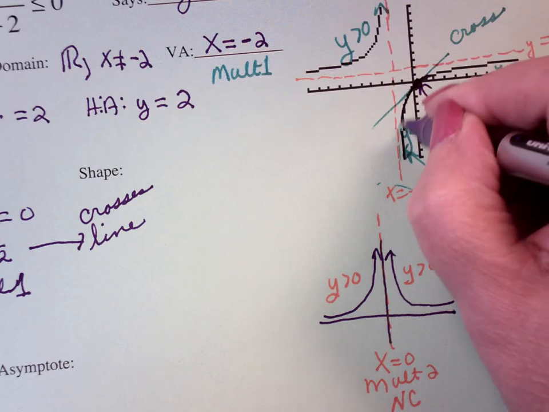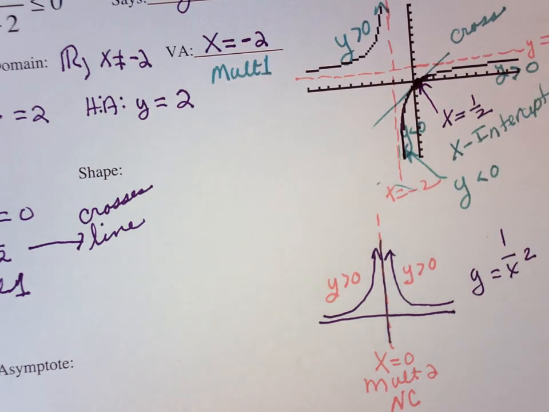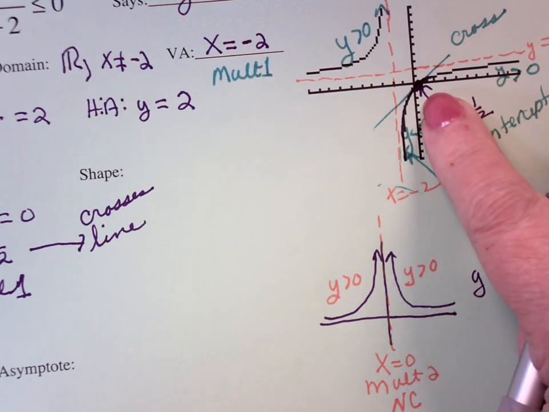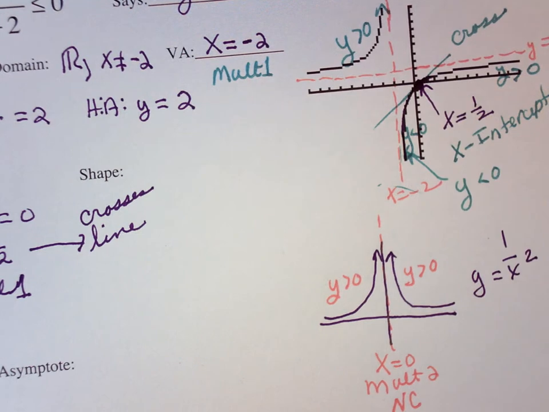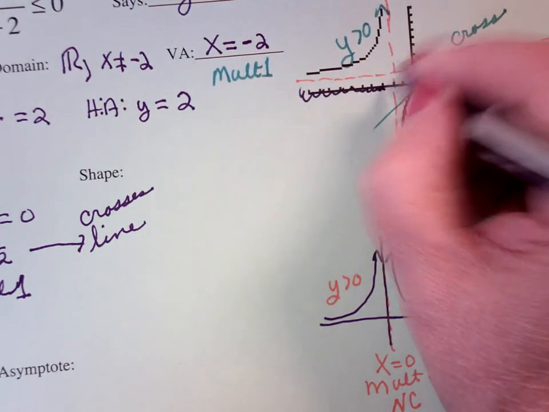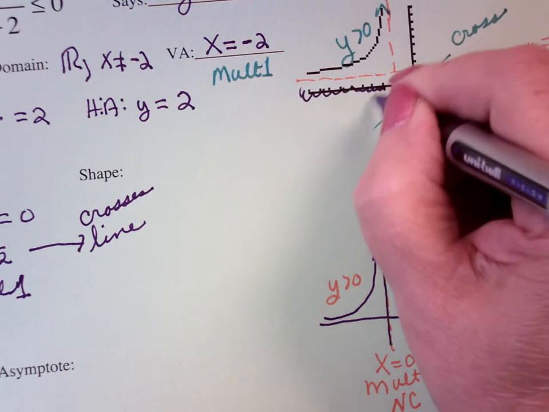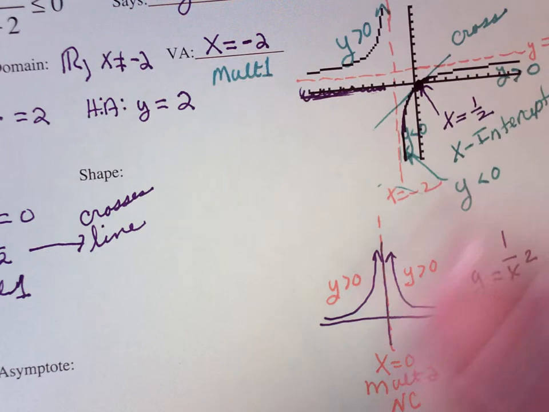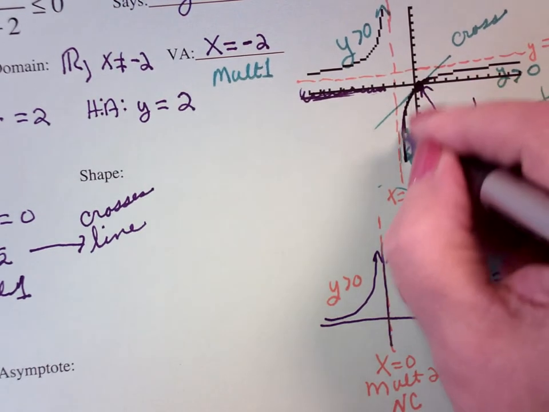That means from the graph, it's this little piece, which is going to be 0 to the x-intercept, and including the x-intercept, but not the VA. And that's it, because that's the only place that the graph is negative. Everything else, the graph is above the x-axis. So only this little piece right here, the y values are negative.